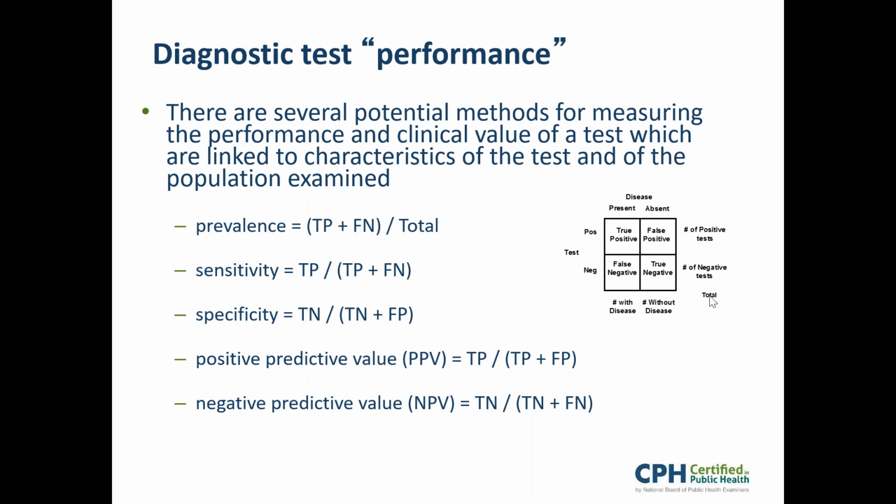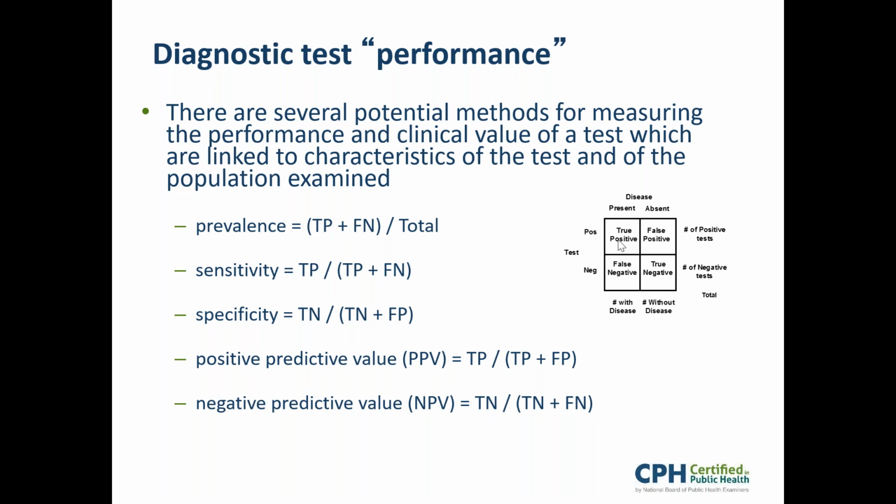The sensitivity is more about the disease. The sensitivity assesses the true positives in the population, or in other words, those who have the disease who will test positive. So those are the true positives, and that represents the sensitivity.